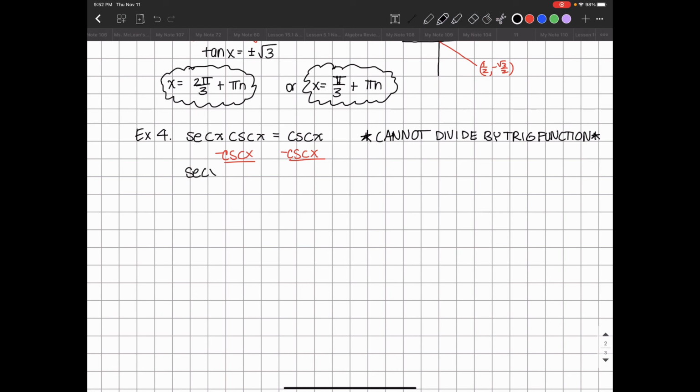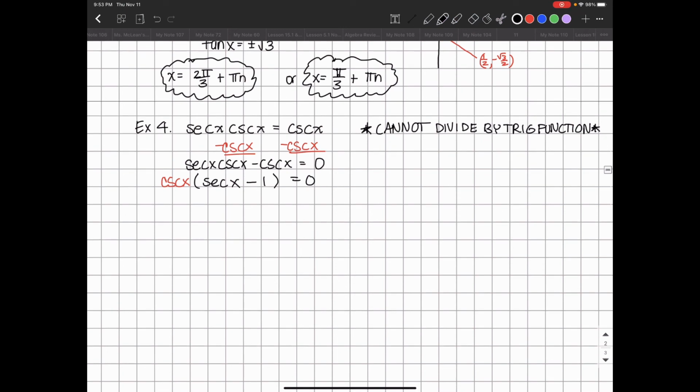I'm going to get secant of x cosecant of x minus cosecant of x is equal to 0. Then I see that both of these terms share a cosecant of x in common, so I'm going to take that out. So I have cosecant of x times secant of x minus 1 is equal to 0. Then I'm going to use the zero product property.